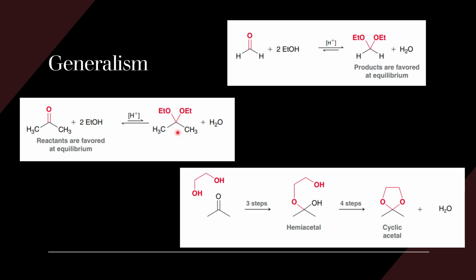Can you see that? So ethanol in an acidic environment will split a carbonyl up into two separate sigma bonds with their respective alkoxy groups.